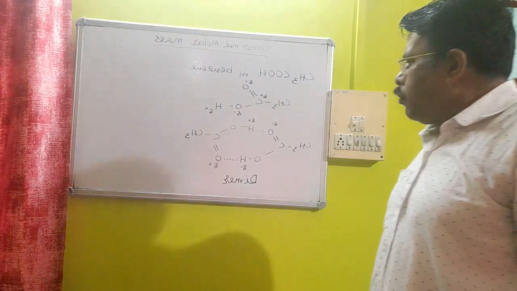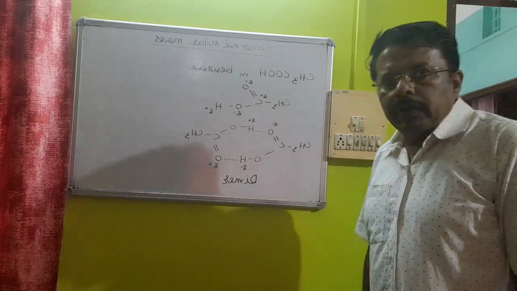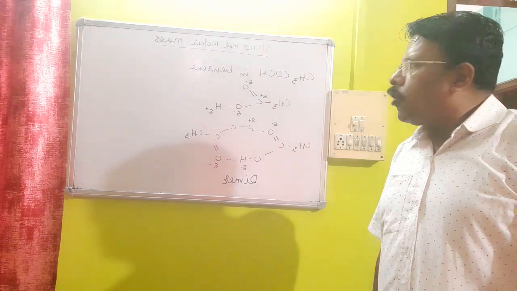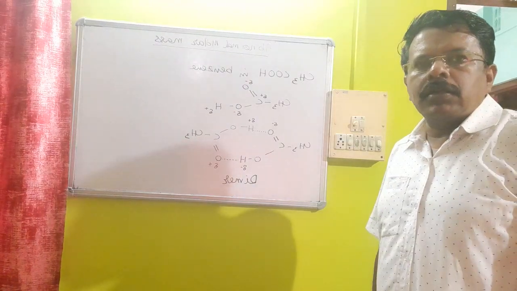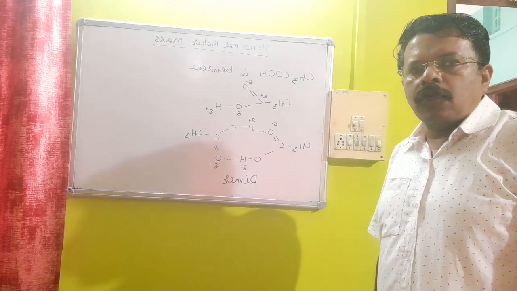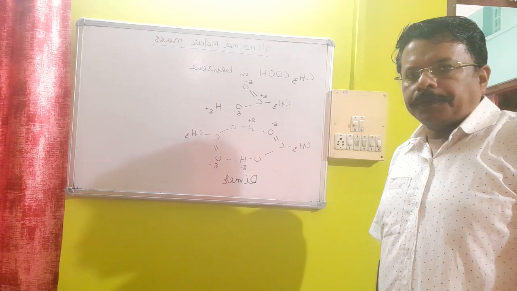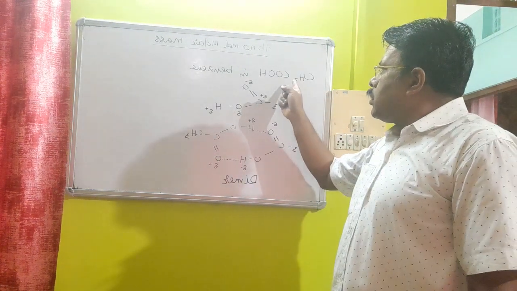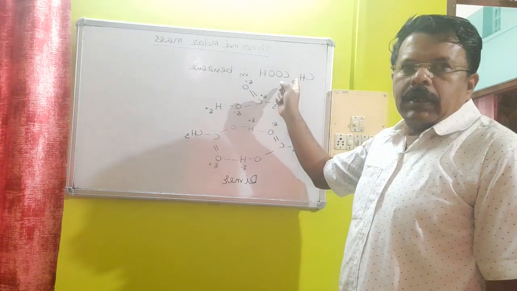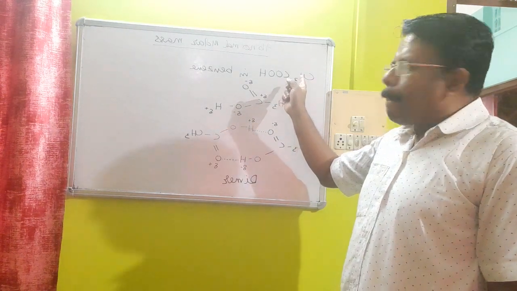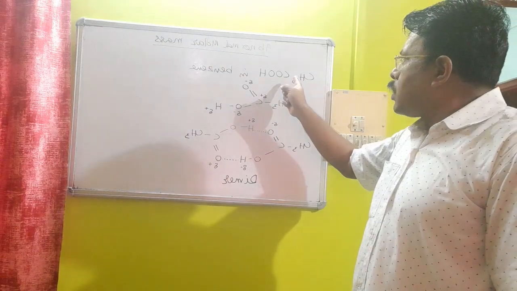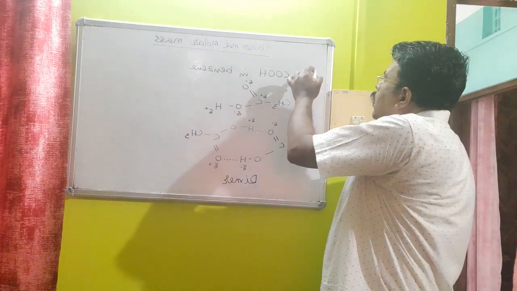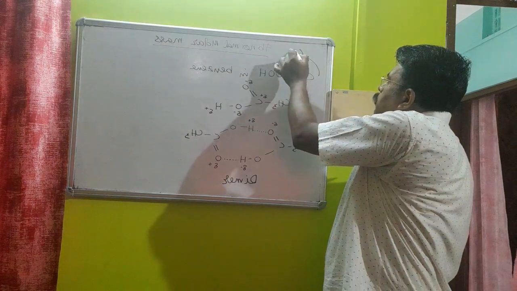Now children, you are well aware that the application of colligative property is in determining the molecular mass of an unknown solute. Suppose acetic acid in benzene: though acetic acid is a known solute, its molecular mass comes out to be 60.